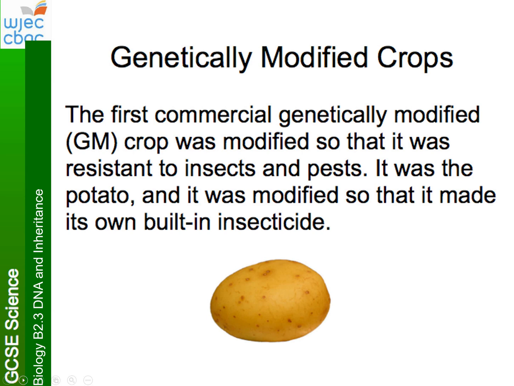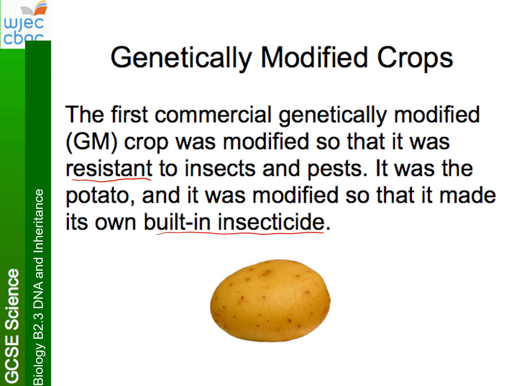We also have genetically modified crops, and the very first commercially genetically modified crop, GM crop, was modified so that it was resistant to insects and pests. What we mean by this is that insects didn't eat it. So it was the potato, and the potato was modified using genetic engineering to have its own built-in insecticide.